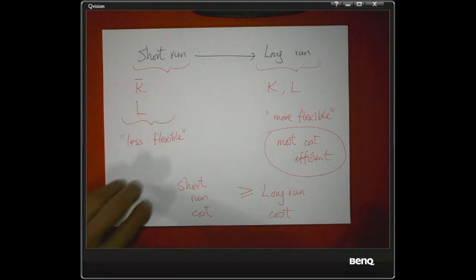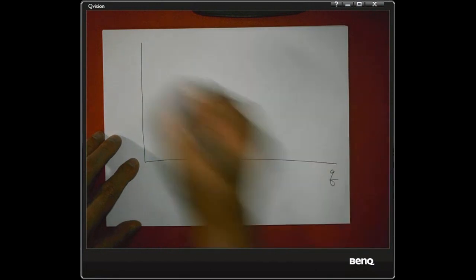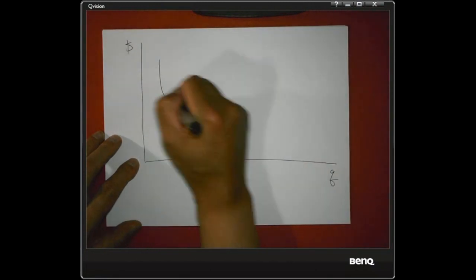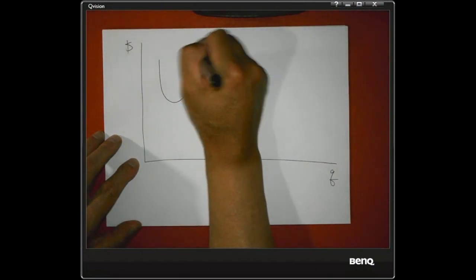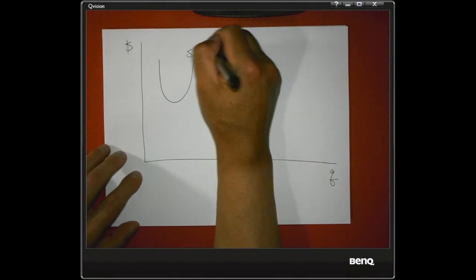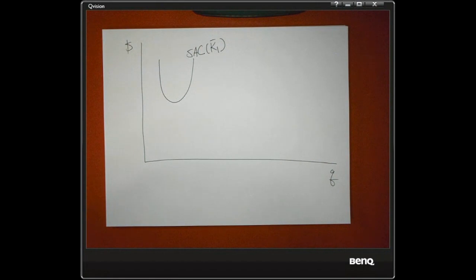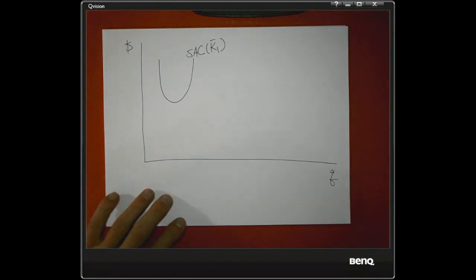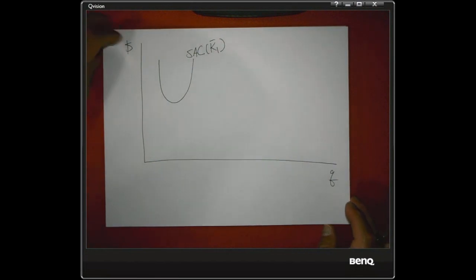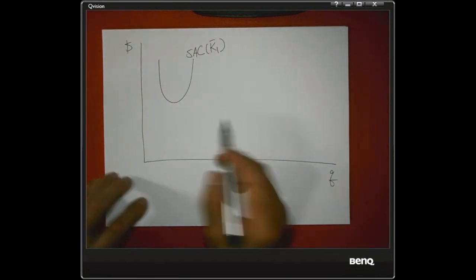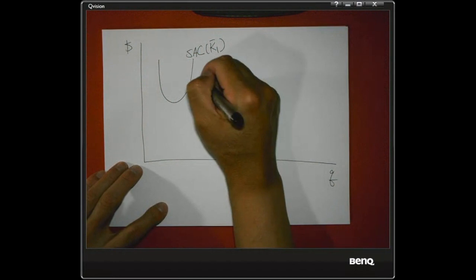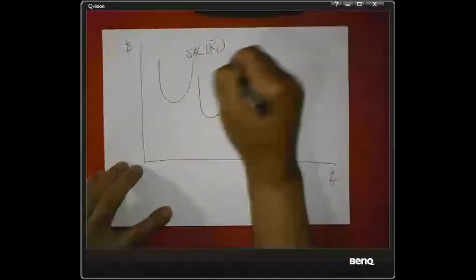And now, if this is short run average cost based on this factory size, and if we have enough time to use a larger factory, the cost may be lower.